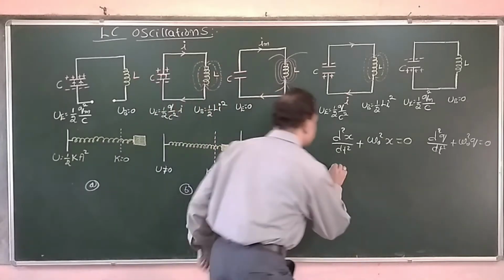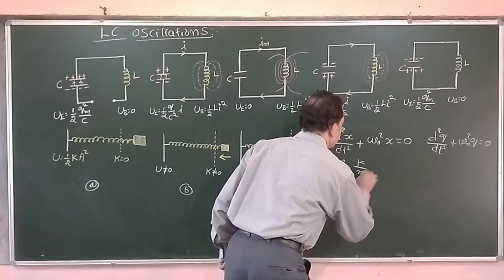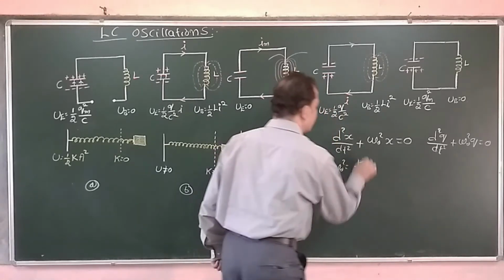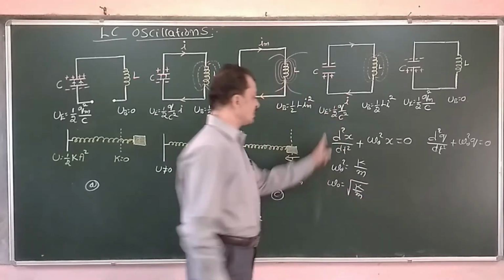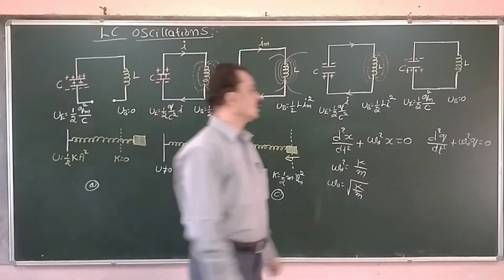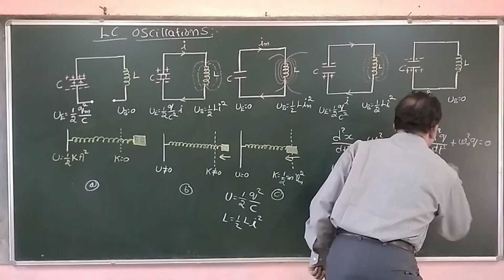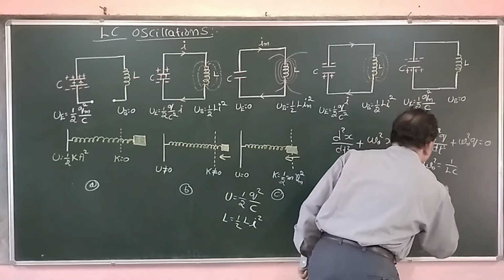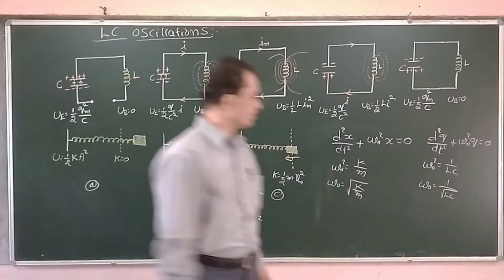Now here omega naught square is k by m, so omega naught is the square root of k by m in the case of mechanical oscillation. In the case of electrical oscillation, omega naught square is equal to 1 upon LC, that we have studied earlier. Therefore omega naught is equal to 1 upon root LC.